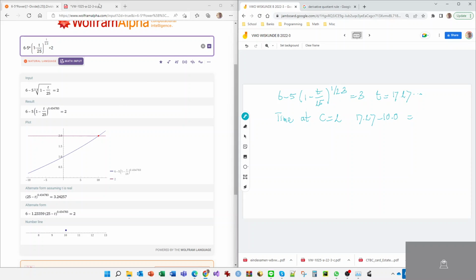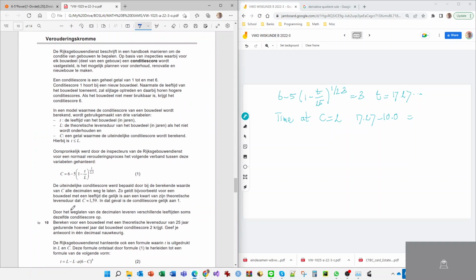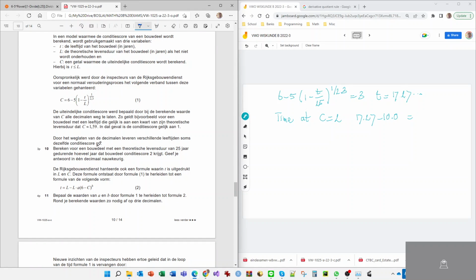What did I say again about one decimal? So it's 7.2 years. So condition 2 for 7.2 years.